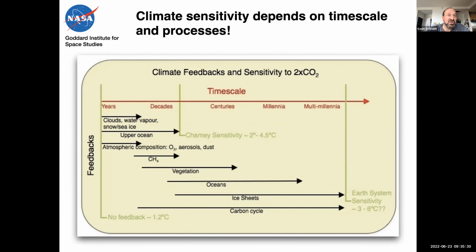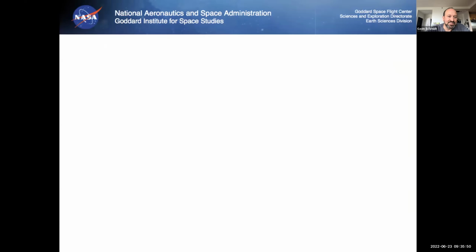These are fast changes to ice sheets and oceans that come right into the definition of climate sensitivity as we currently envision it. So it's not a negligible thing, but I don't know how big an impact it's going to have.